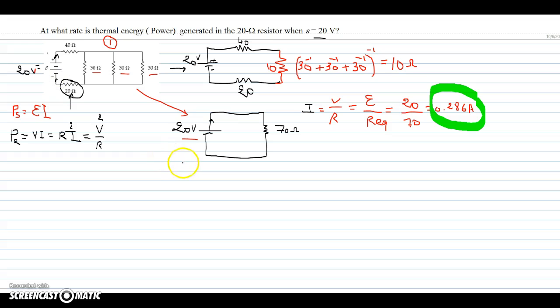It is the same current, and therefore I can find the power across the 20. The R is 20 ohms, and the total current going through the 20 is 0.286, squared.